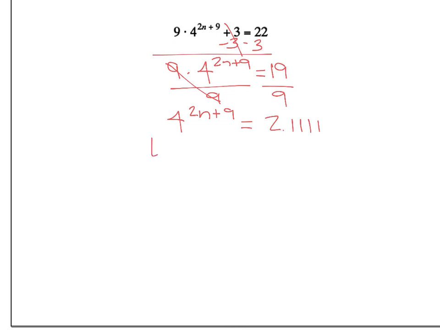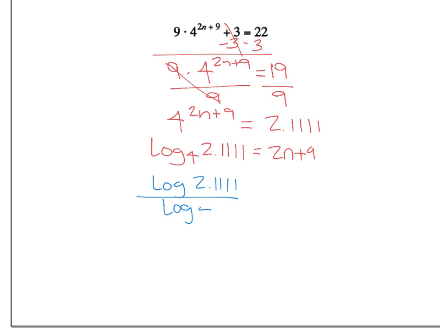All right, so I'm going to now rewrite this in my logarithmic form. So I'm going to get log base 4 of 2.1111 equals 2n plus 9. All right, from here we're going to rewrite using our change of base formula. So I have log of 2.1111 divided by log 4 equals 2n plus 9.